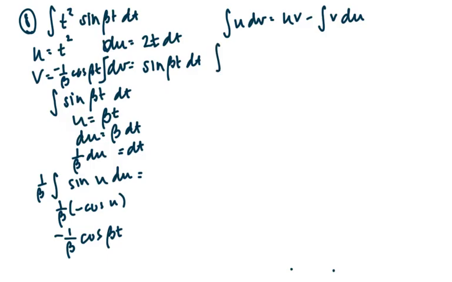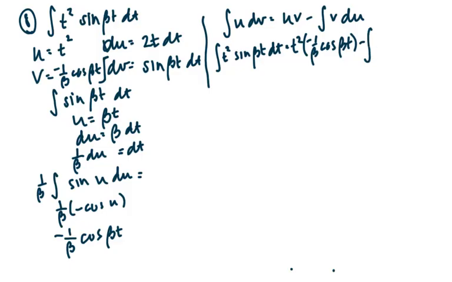So we're going to say the integration of t squared sine beta t dt equals u, which is t squared, times v, which is negative 1 over beta cosine of beta t, minus the integration of v, which is negative 1 over beta cosine of beta t, times, let's put parentheses here, it can be around the beta as well, times du, which is 2t dt. Because that 2t doesn't go into the cosine, so be careful about that.